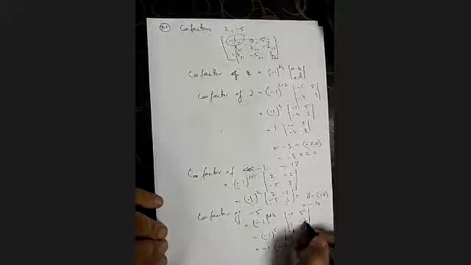Just a minute. Minus 1 into minus 2 will be plus 2. Right? Minus into minus is plus. So 2 minus 5 is minus 3.